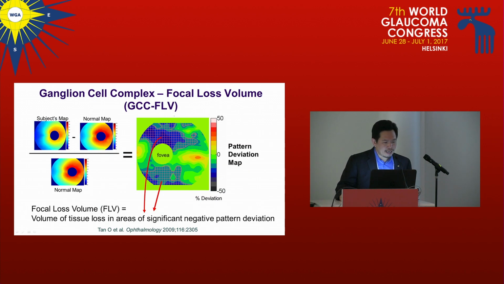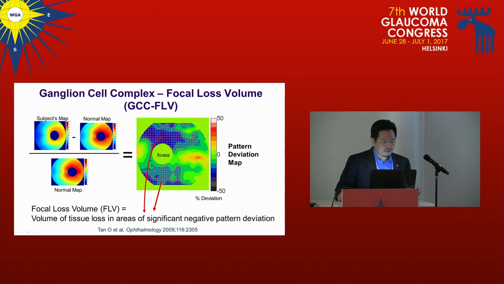this entity. And there are many parameters we can derive from the map, but I want to bring your attention to one parameter specifically, which turned out to be very important for predicting progression and conversion, and that's ganglion cell complex focal loss volume.